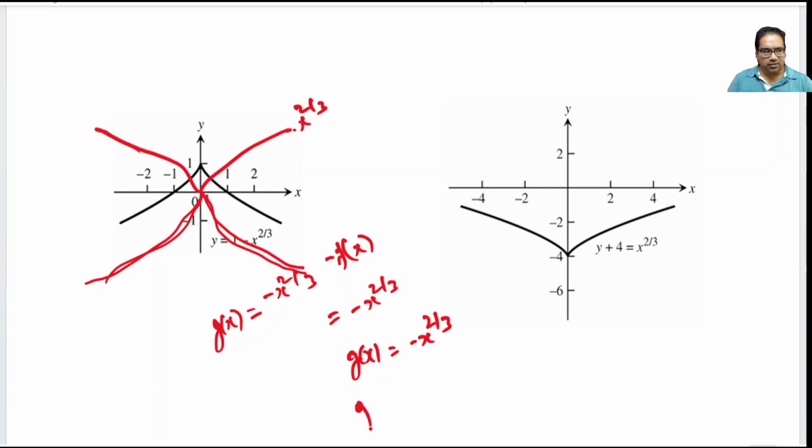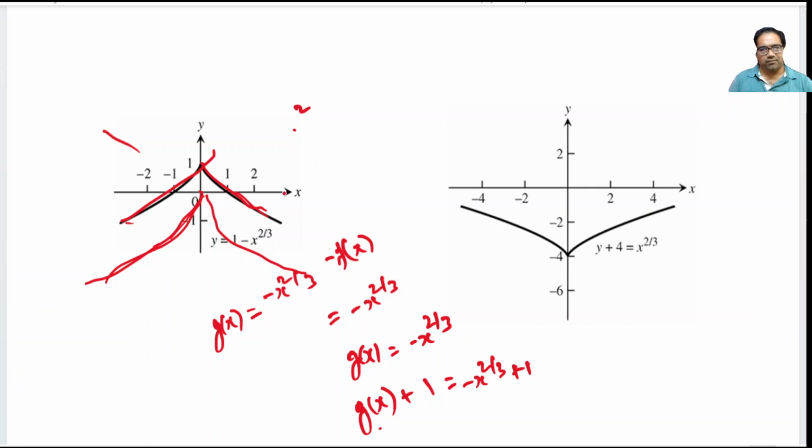Now g of x plus 1. What will this become? Minus x power 2 by 3 plus 1, which is nothing but 1 minus x power 2 by 3. G of x plus 1 is this graph, whatever this graph is, actually shifted 1 unit upwards. So y equal to 1 minus x power 2 by 3 is this graph.